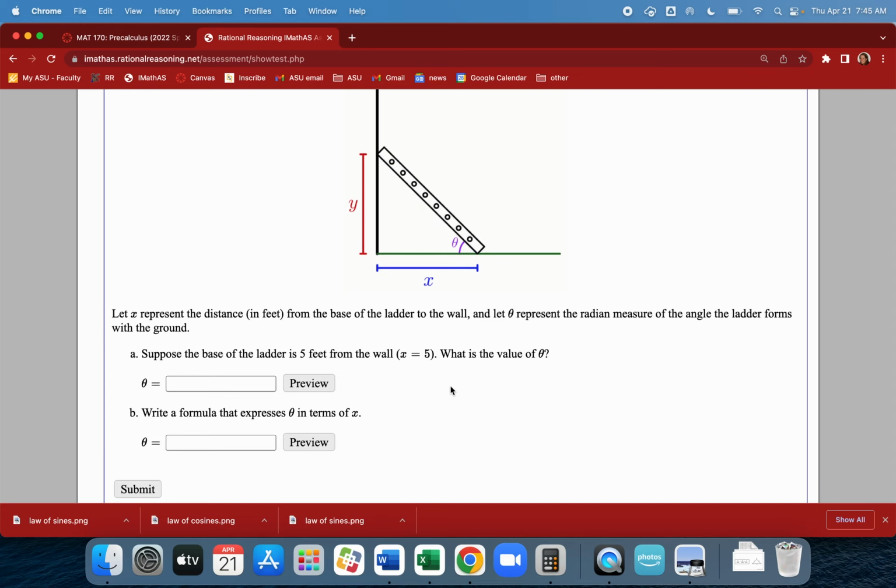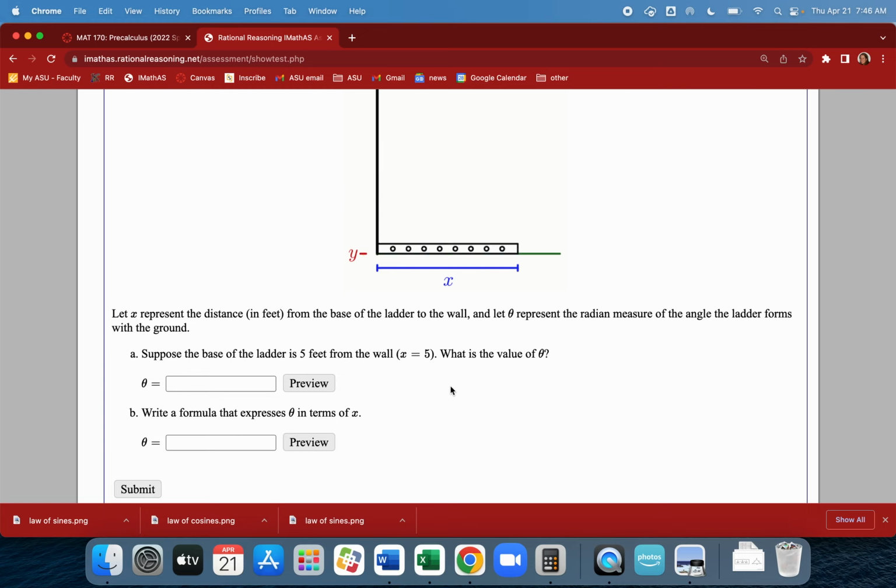We want to think, okay, the ladder's this way. The 5 feet is along this way, because our angle is measured between the 5 feet and the ladder. So our angle in standard position, or as a part of a circle, would be more like this.